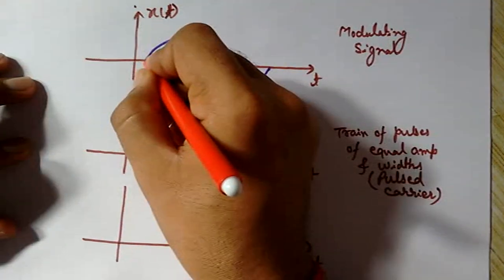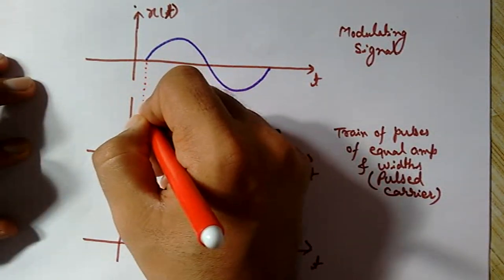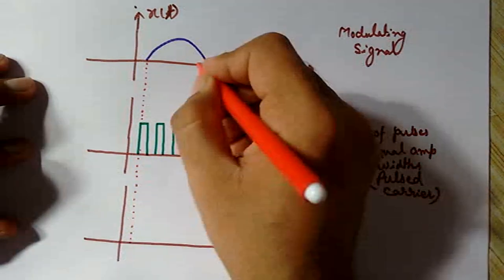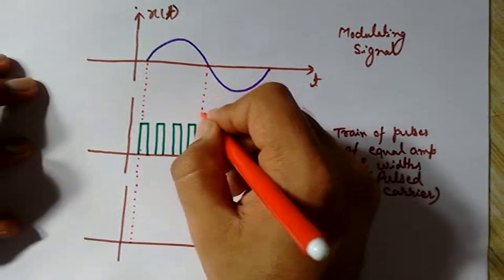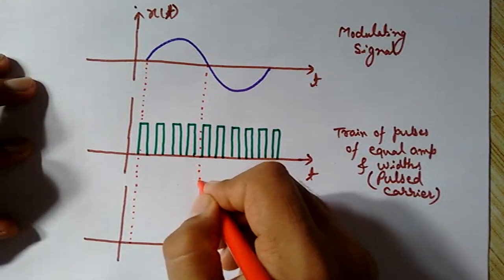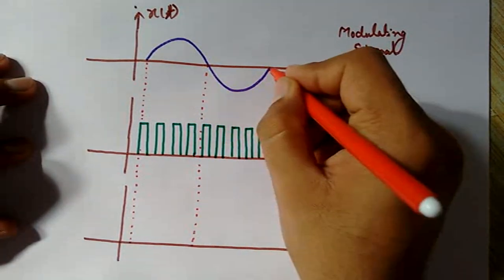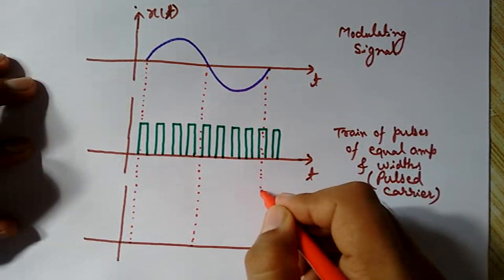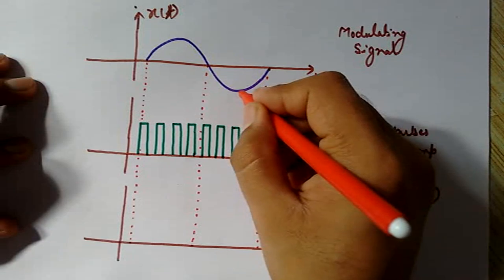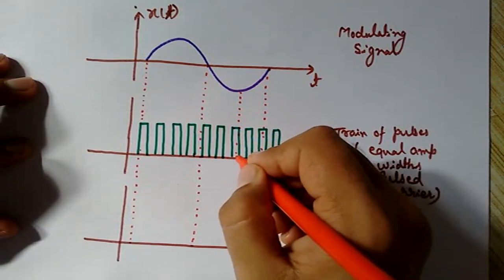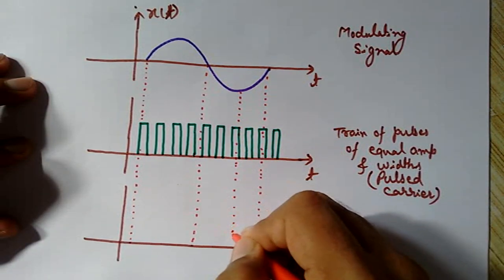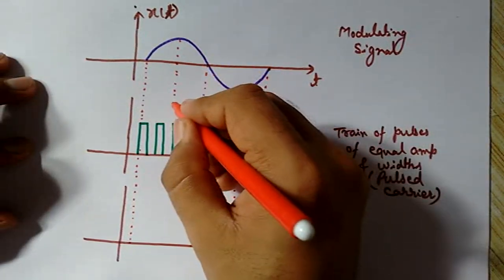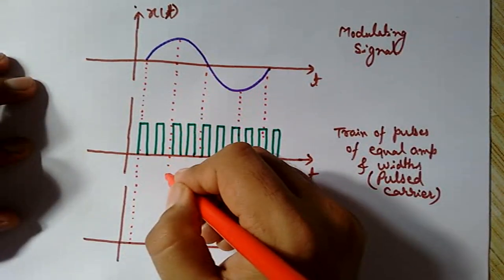Here I am drawing these dotted lines corresponding to some important points, like the minimum point of this modulating signal, the maximum, and points where it crosses the x-axis.